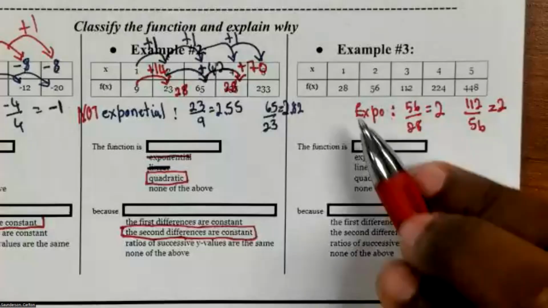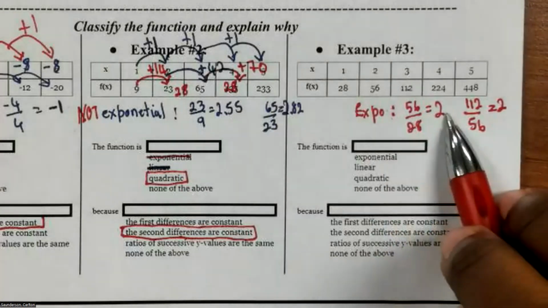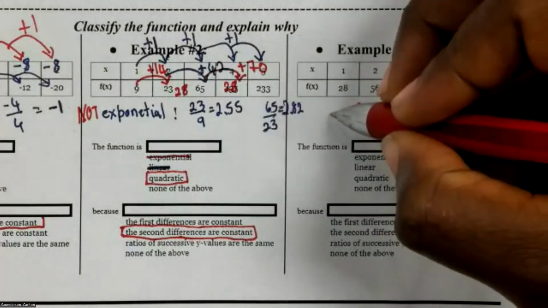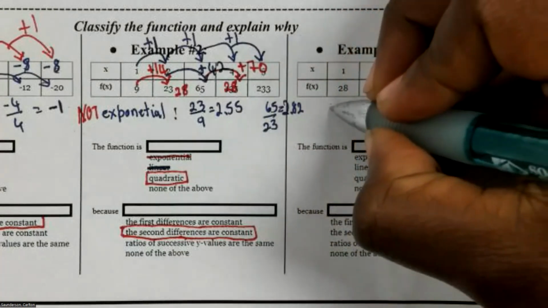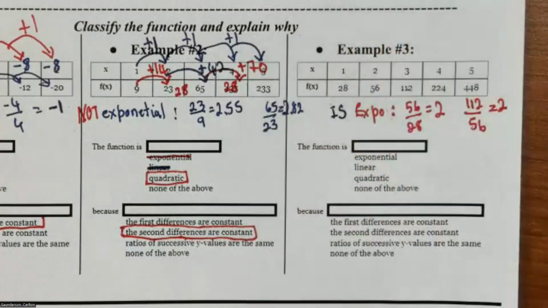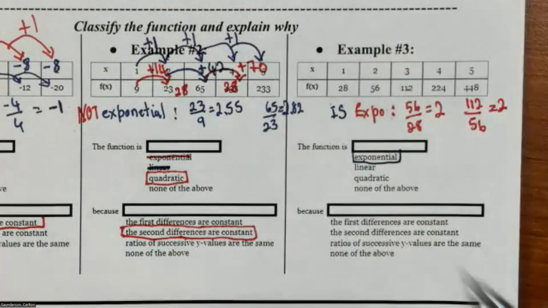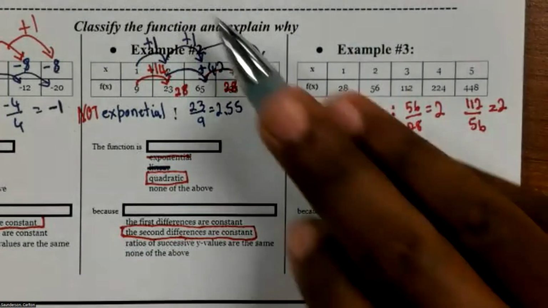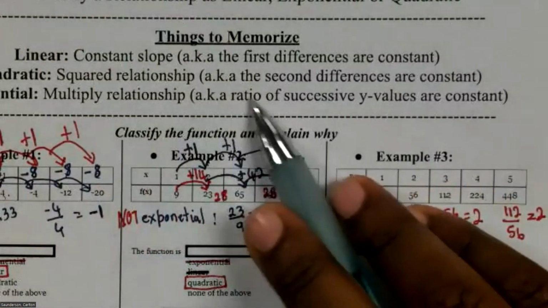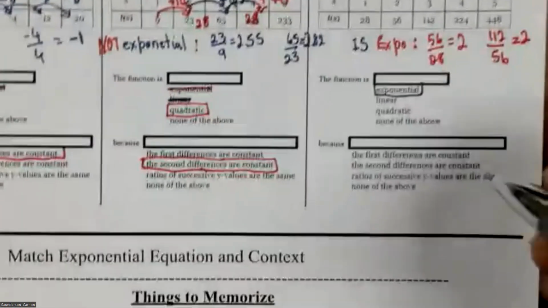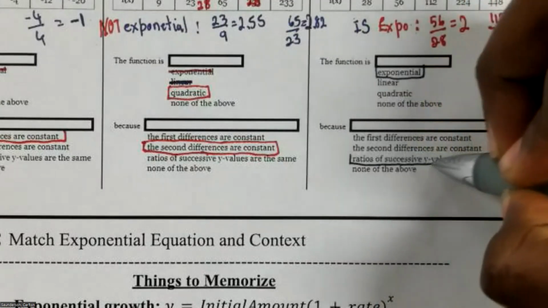Because every time I divided the numbers I got the same 2, we know that it is exponential. So the answer for this would be exponential, and the reason is that the ratios of successive y values are constant. So this is the correct response.